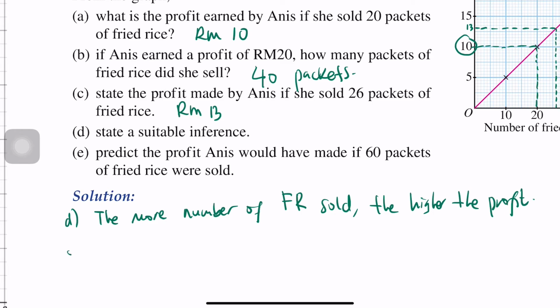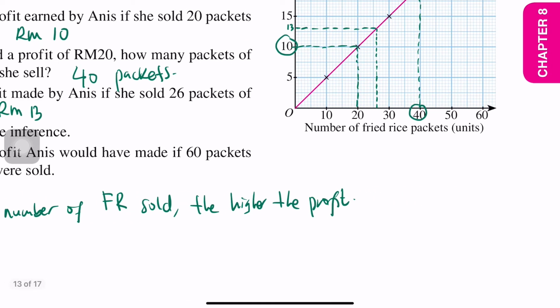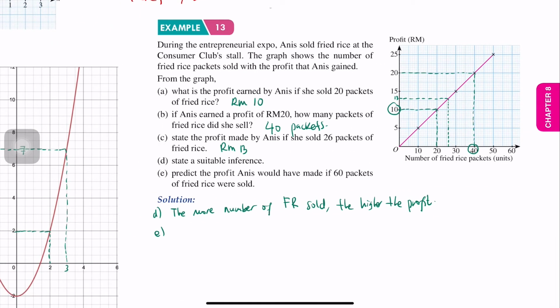Okay? And last one, E, predict the profit Anis would have made if 60 fried rice were sold. So kalau 60, cuba tengok sini. 10, 5, 20, 10, 30, 15, 40, 20, 50, 25.